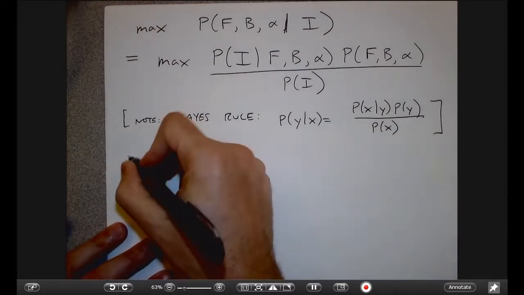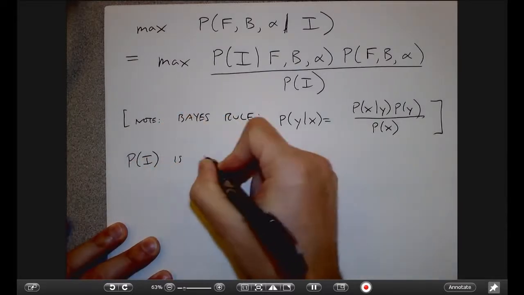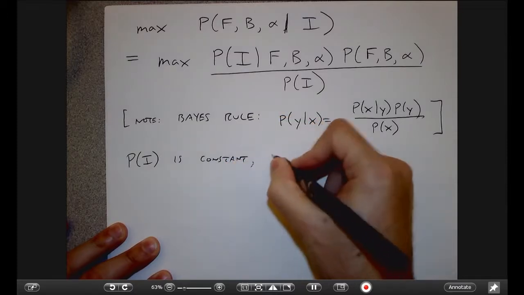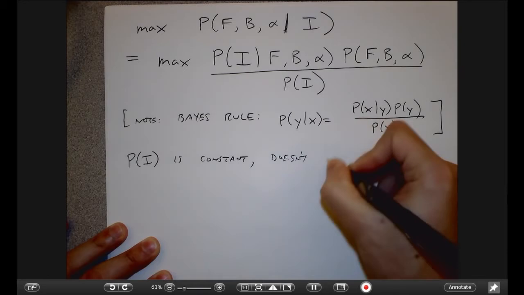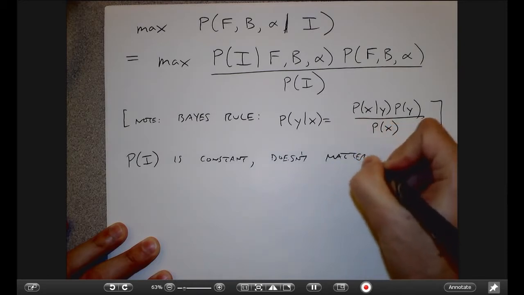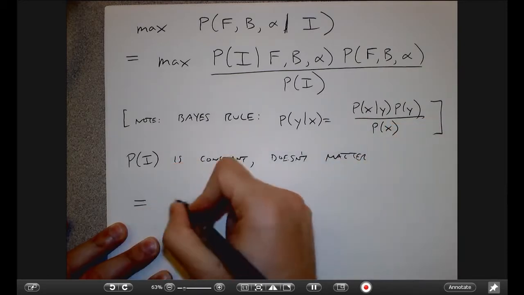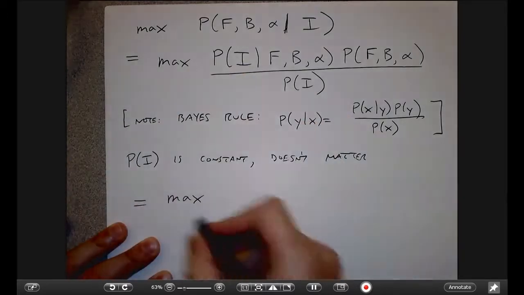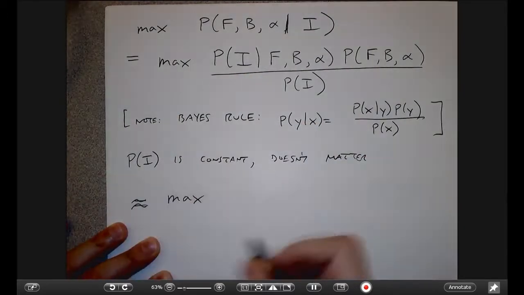I don't really care about the denominator, and that's typical of these kinds of problems. So what I'm going to say is this is equal to, I guess if I'm really proper, I should put an approximate sign here.